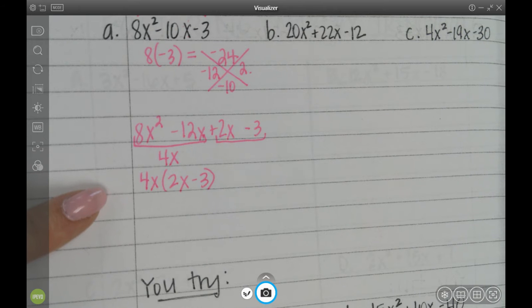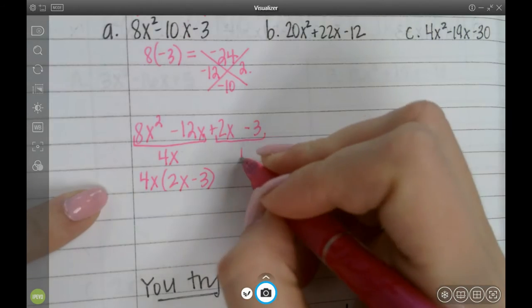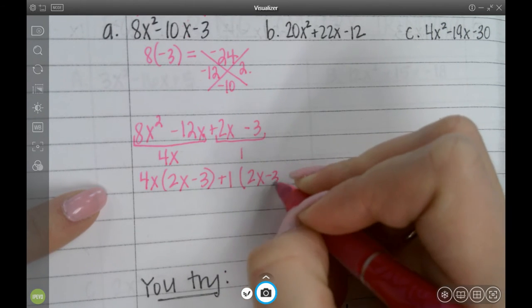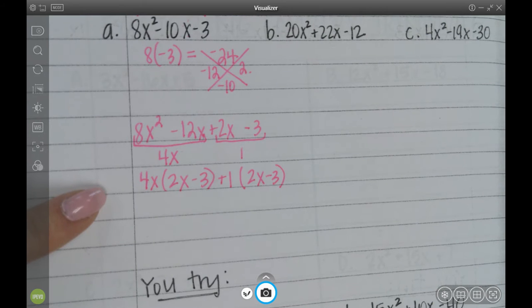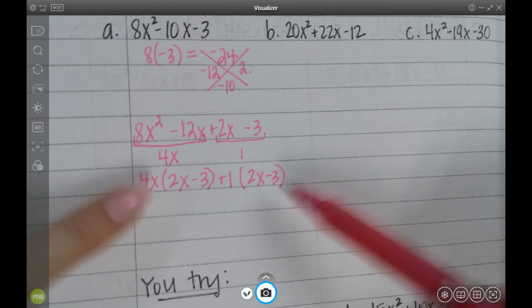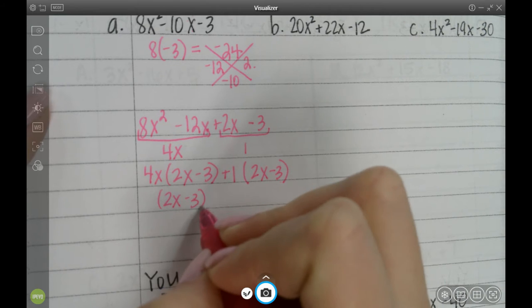What's my GCF from the second set of 2 terms? Just 1. So plus 1. I'm left with 2x minus 3. The stuff inside the parentheses are the same. So that's going to be my first factor, 2x minus 3.